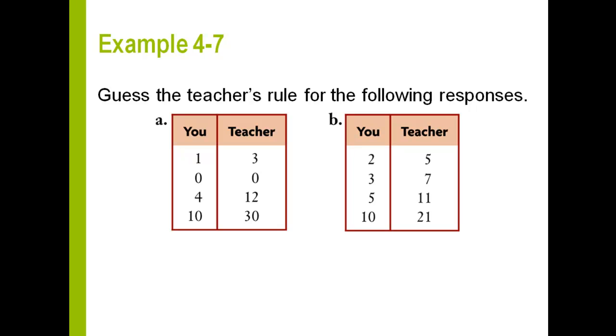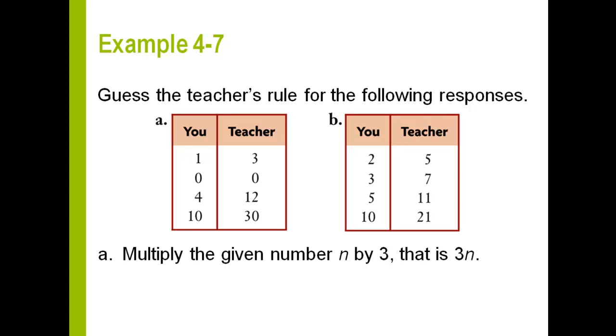If the input is 0, the answer is 0. If the input is 4, the answer is 12. If the input is 10, the answer is 30. Can you guess what the rule is for this situation on table A? So if you guess that you multiply the input by 3 to get the output, that would be right.